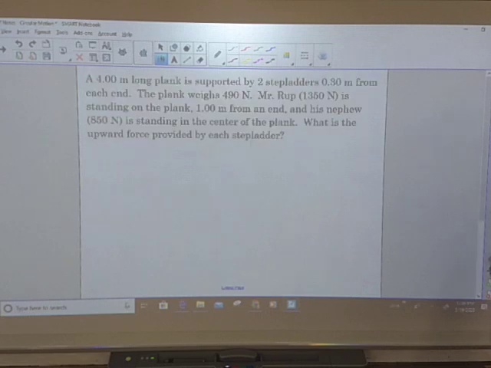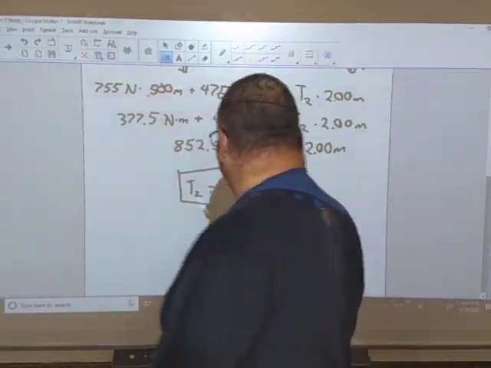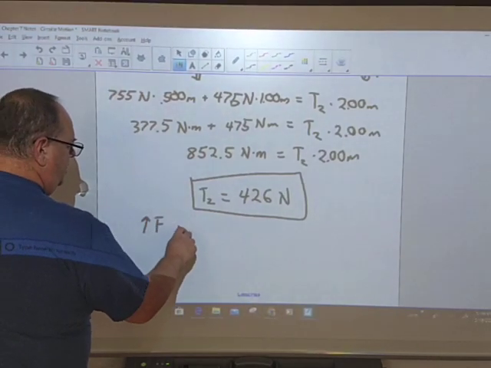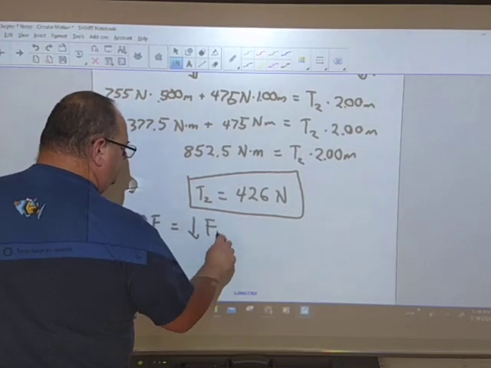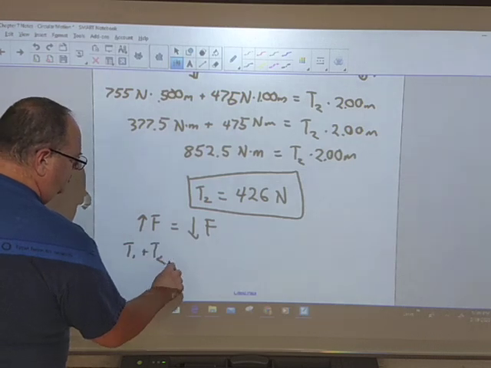Let's talk about upward forces equals downward forces. Well, my upward forces are T1 plus T2.